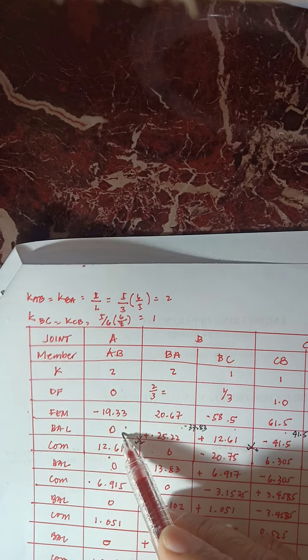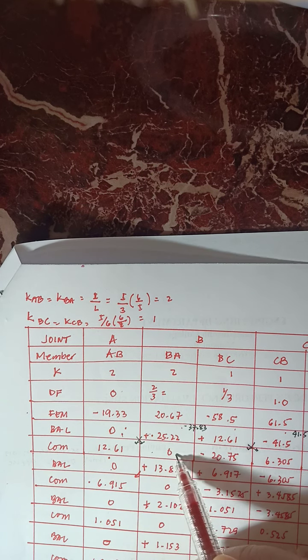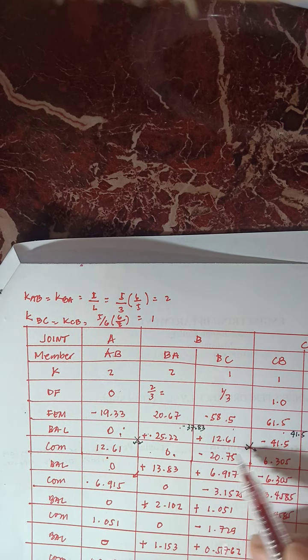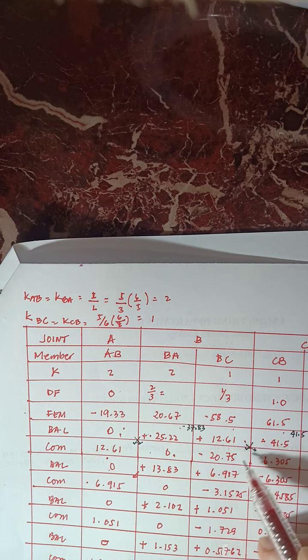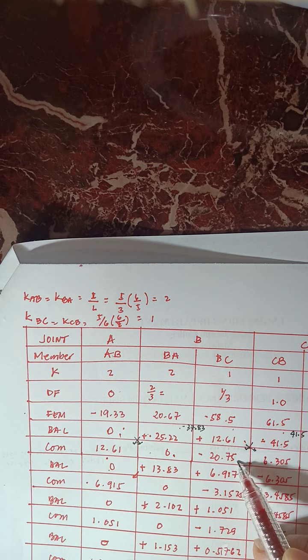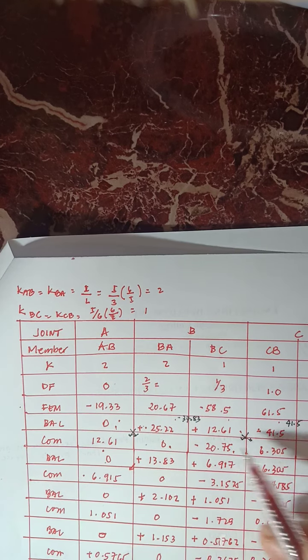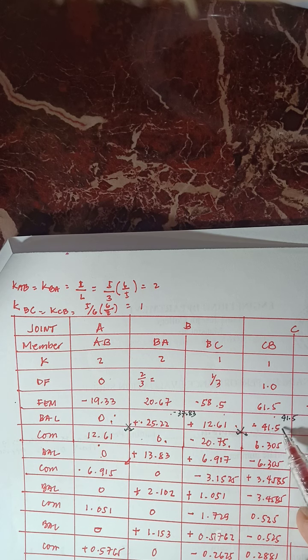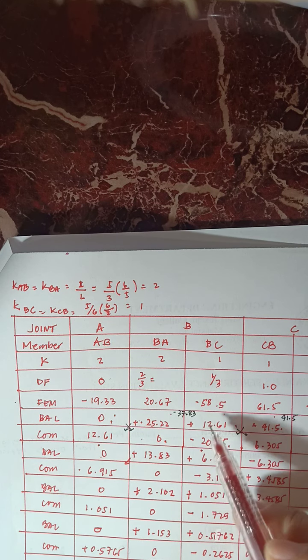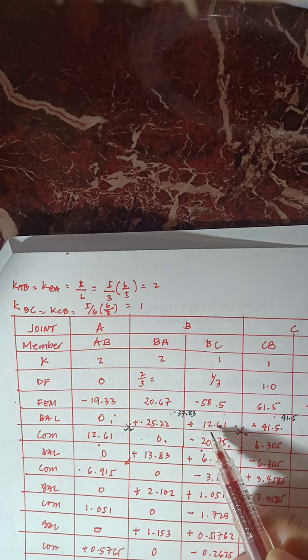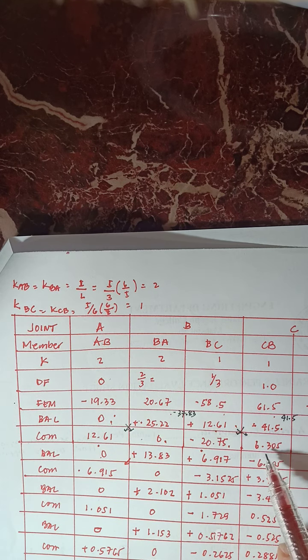Then for AB it is 0, so it gives 0 there. BC gives to CB and CB will give to BC 1/2 the amount. So minus 41.5 divided by 2 is minus 20.75, and the moment in BC, which is 12.61, divided by 2 gives 6.305.